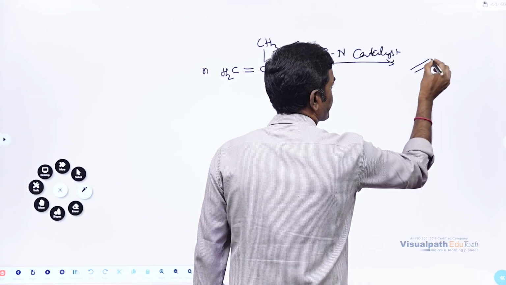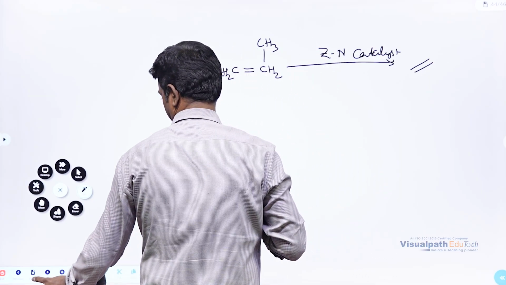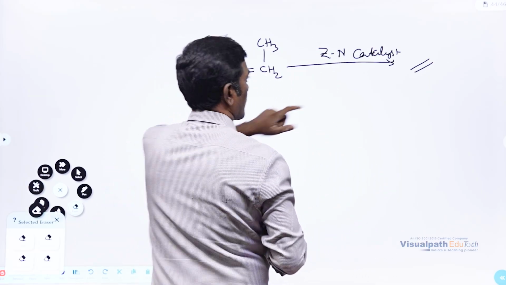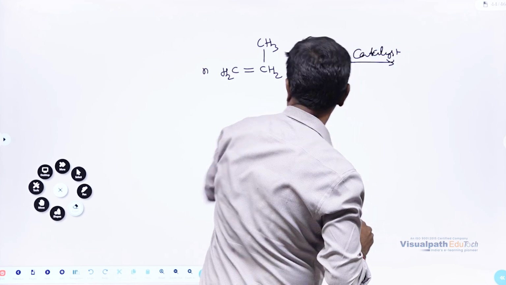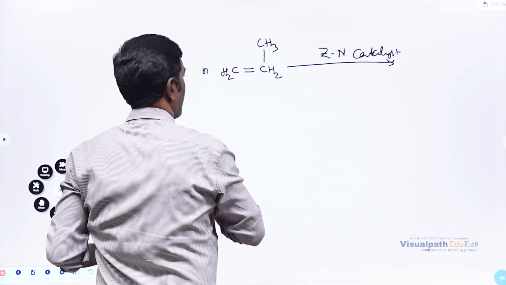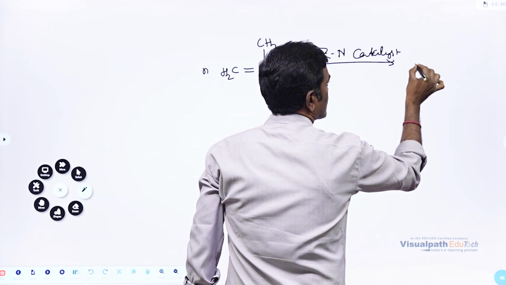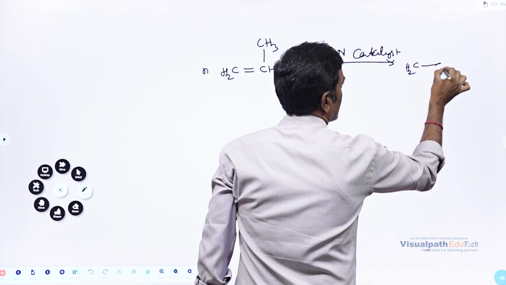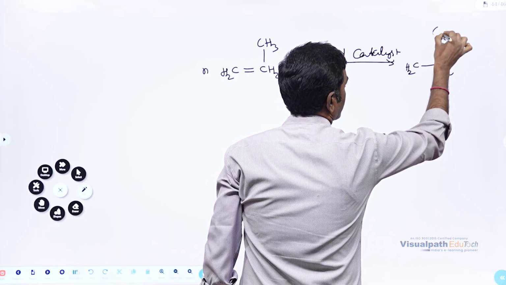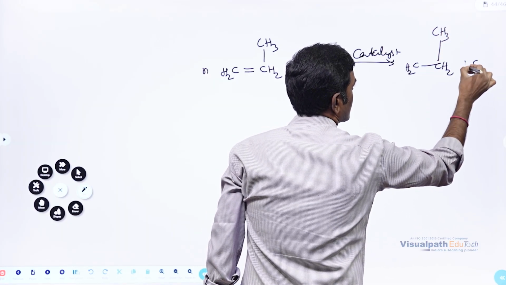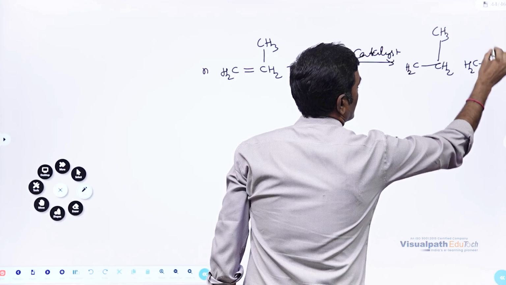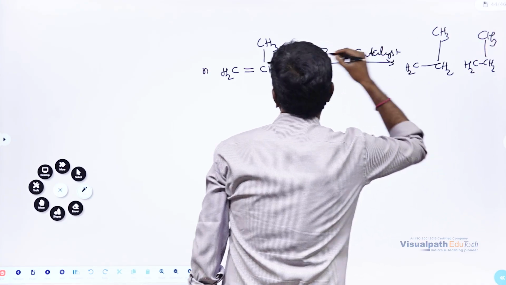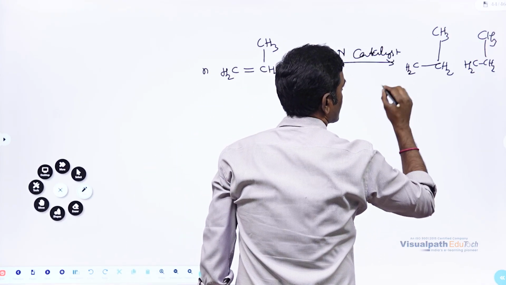So here, CH2, CH2, this CH3 is going to be here. The same way CH2, CH2 is going to be here, because the CH3 is not involved in the polymerization reaction.